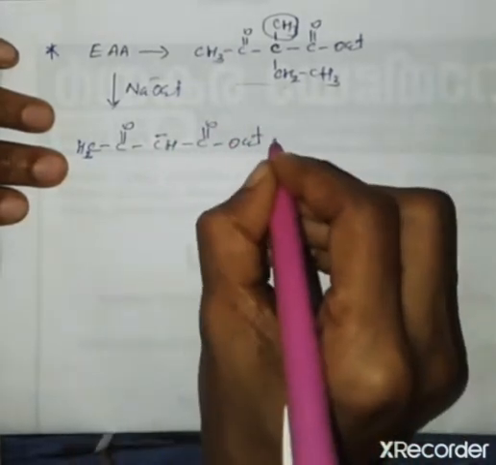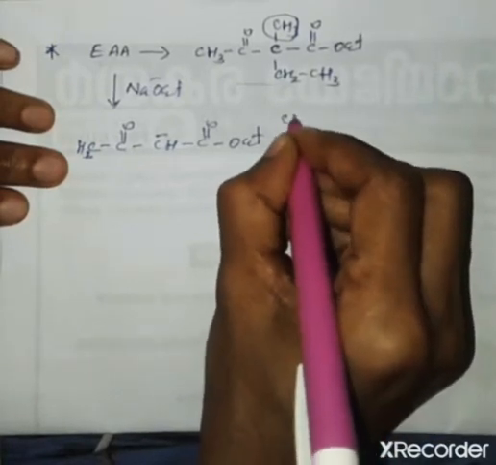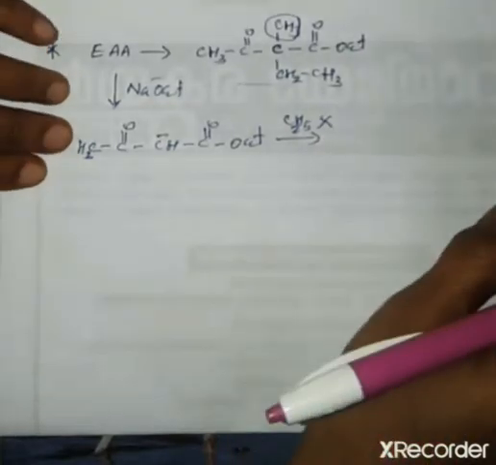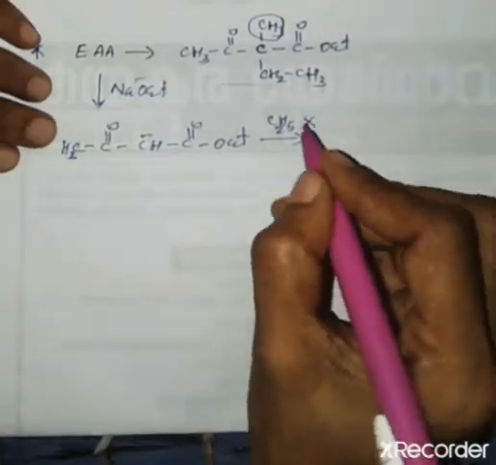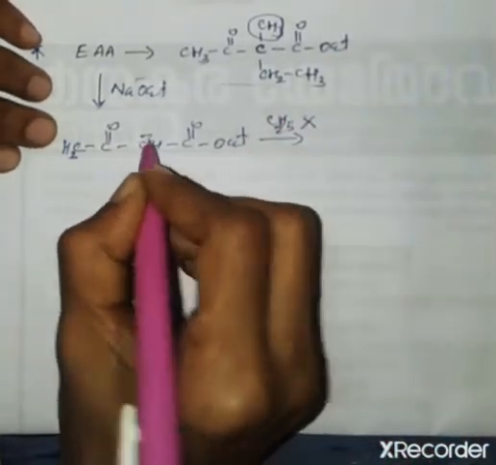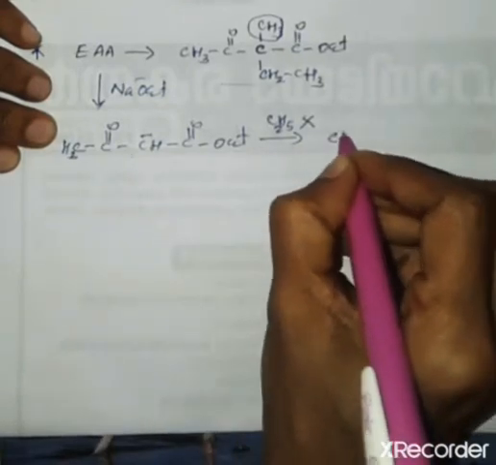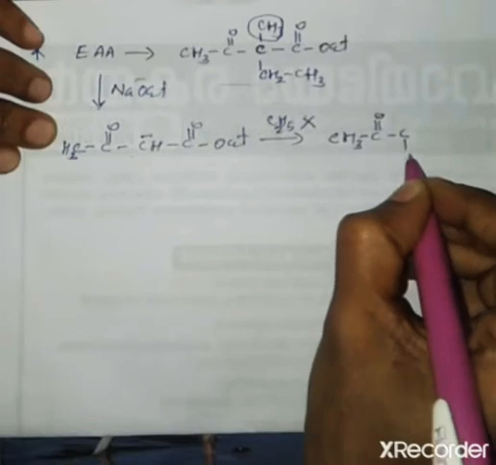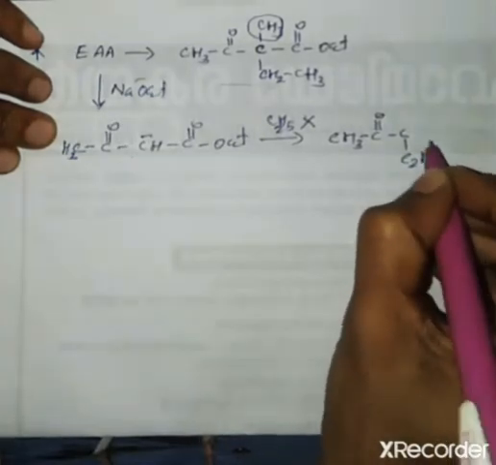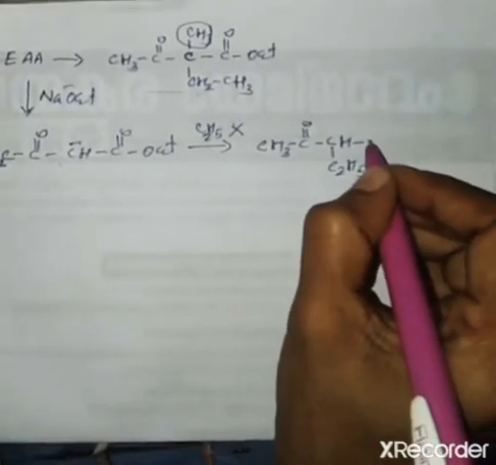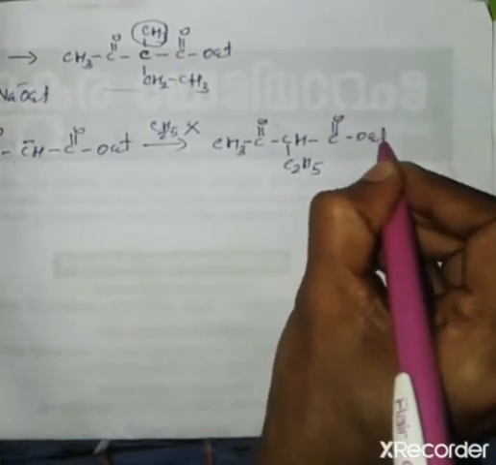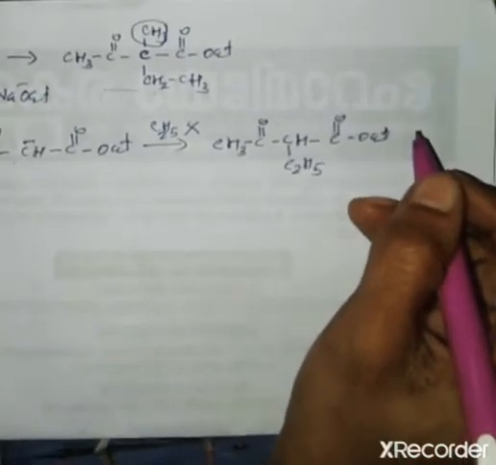It is then treated with C2H5X, that is an alkyl halide, and the alkyl group is bonded to this carbon and we get CH3 C double bond O, CH C2H5, C double bond O, OEt.